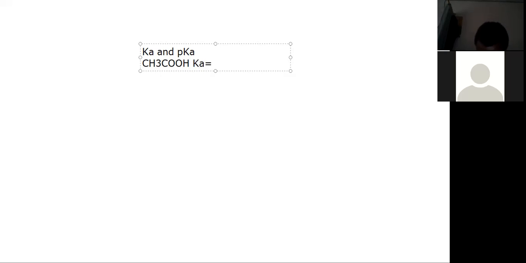They tell you that the K of this is 1.7 times 10 to the power minus 5 mole per dm cube.